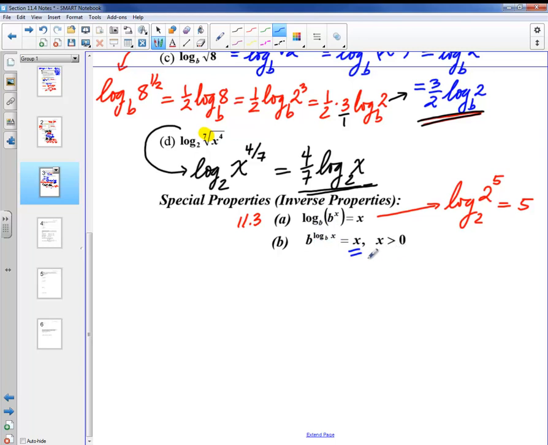So they kind of cancel each other out. This one is not as common, but it's kind of doing the same thing. You could have something like 3 to the log base 3 of something else here, like maybe a 5. So the base 3 and the log cancel each other out, and it will give you a 5.